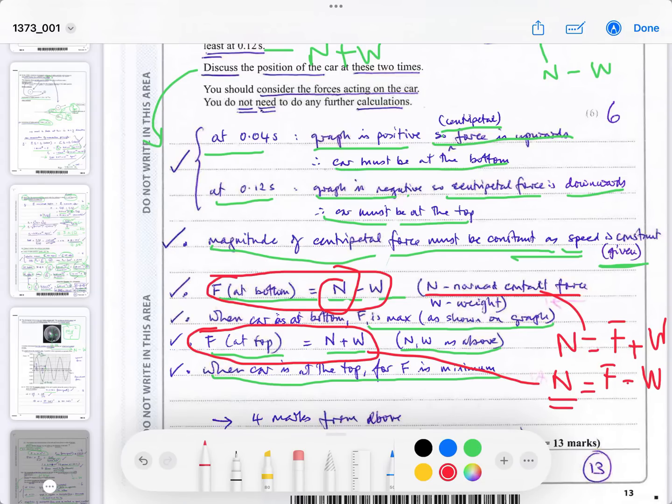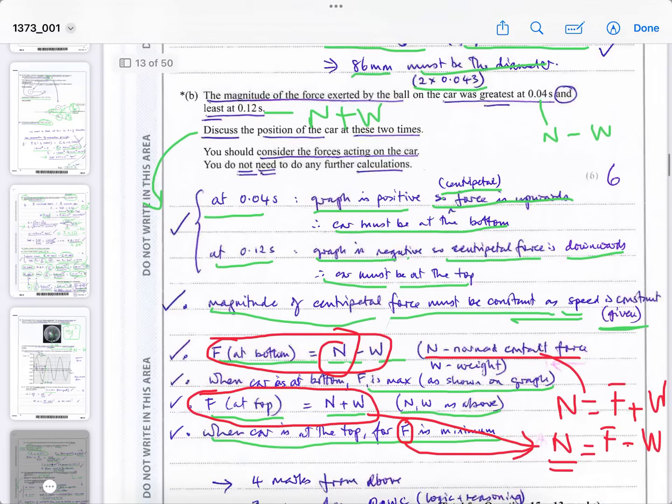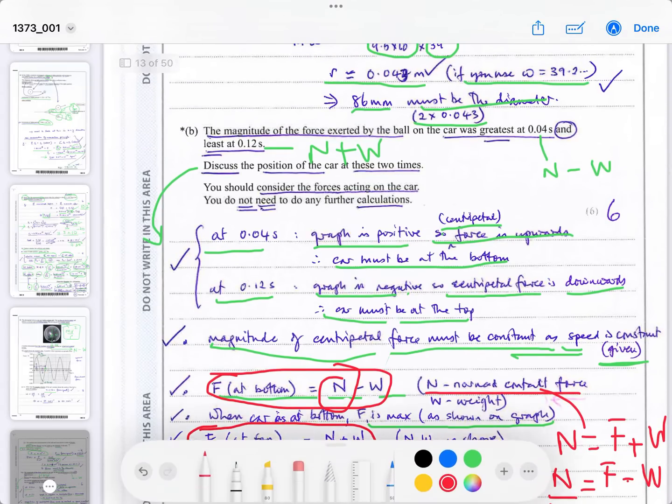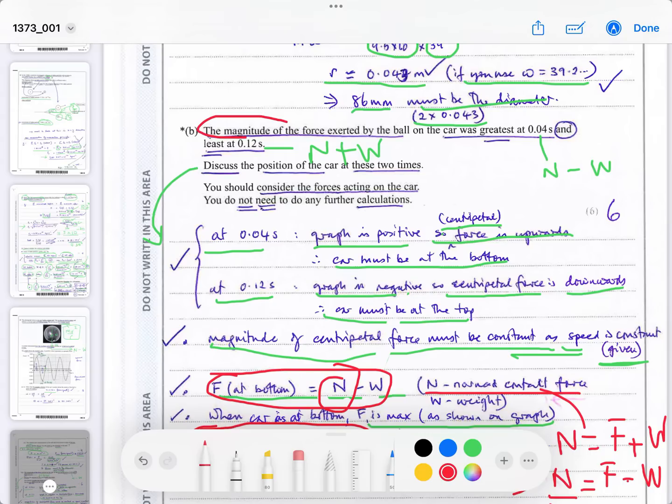So that when the car is at the top, N is a minimum. We should really say N is a minimum rather than the F, because I used F interchangeably with this centripetal force. So I hope that clarifies that point. So when they're talking about the magnitude of the force exerted by the ball, they're talking about N each time.